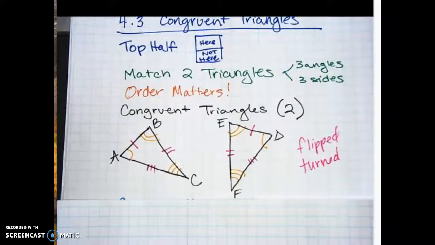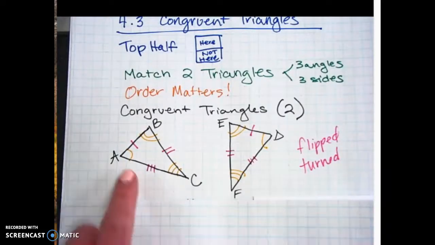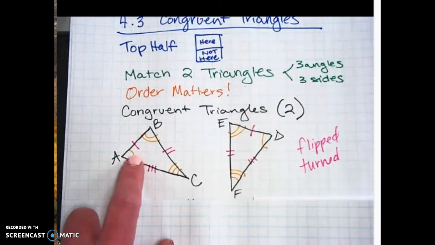On each of these 2 triangles we have a bunch of marks. These marks become very significant. When you start making the marks, it's because they're going to either give you information about the triangles or they're going to tell you that they're congruent. Inside the triangle you have what are called arc marks.